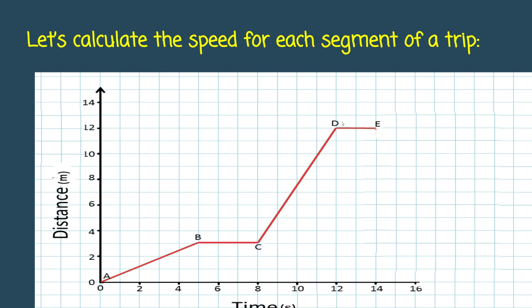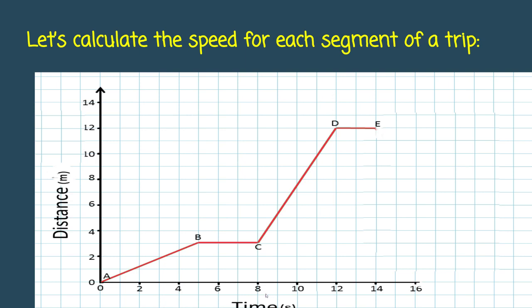Alright, now from C to D, this one's a little bit more tricky because I'm going from 3 up to 12. So you'd think, okay, well 12 divided by 12, my speed must be 1. But no, because I'm only doing this one section of the line. I'm not doing all the way from the beginning. I'm only doing from C to D. So what I have to do is take 12 and subtract 3. Okay, so that's going to give us 9, right? And then we're going to divide that.